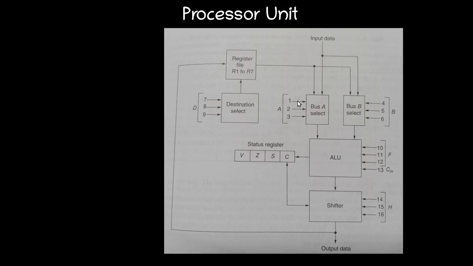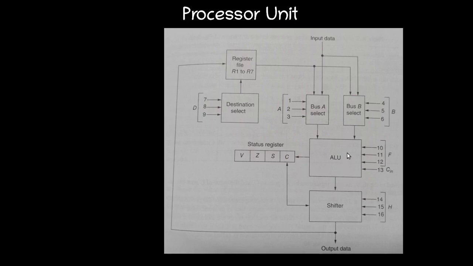If we give 0 0 0 here, then the input data will be selected here and here. If we give 0 0 1, then register R1 will be selected. If we give 0 1 0, register R2, and like that here also. That's about these select multiplexers and the corresponding selection variables.